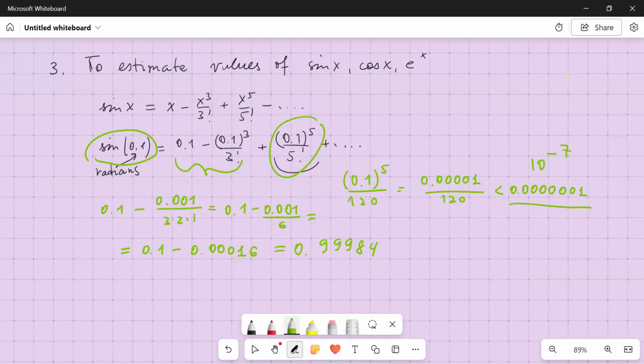Okay, I'm going to check using my calculator the precise value of sine of 0.1. When I was subtracting, I subtracted from 1, not from 0.1. That's why I got this big number. Let me fix it, guys. Sorry.